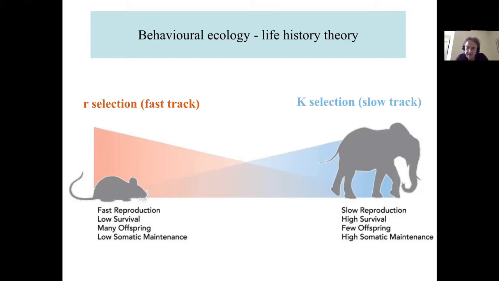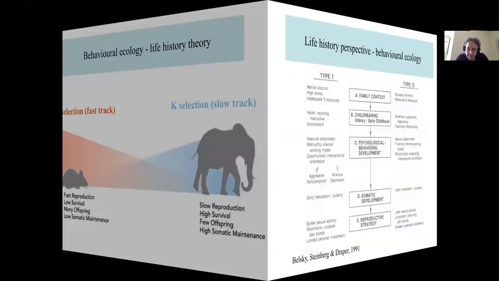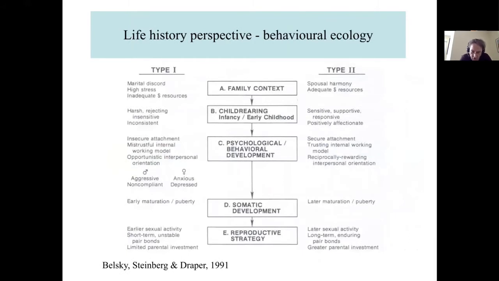And the novel idea, which we've heard about already, first put forth by J. Belsky and colleagues now already 30 years ago, was that the R and K spectrum not only applies to differences between species, but also to very subtle differences within species, including our own species. Belsky and colleagues called this type 1, which is the fast strategy, and type 2 strategy, suggesting a slower life history strategy.